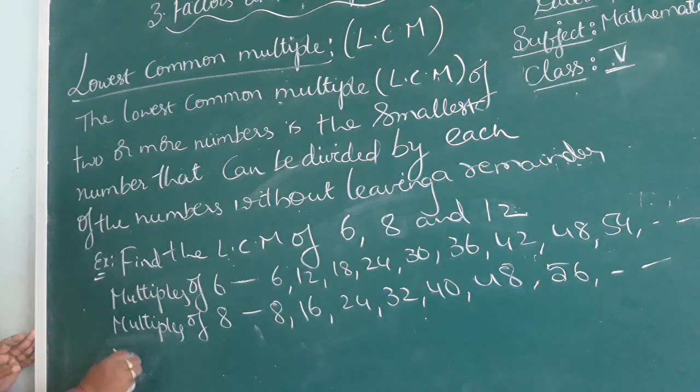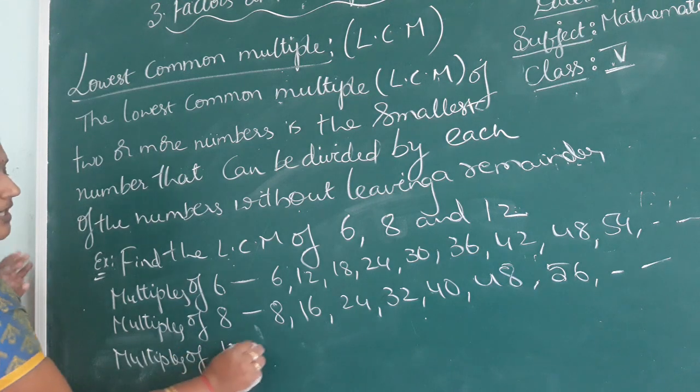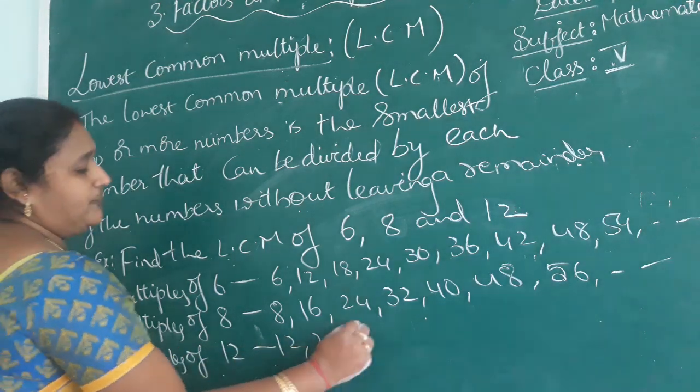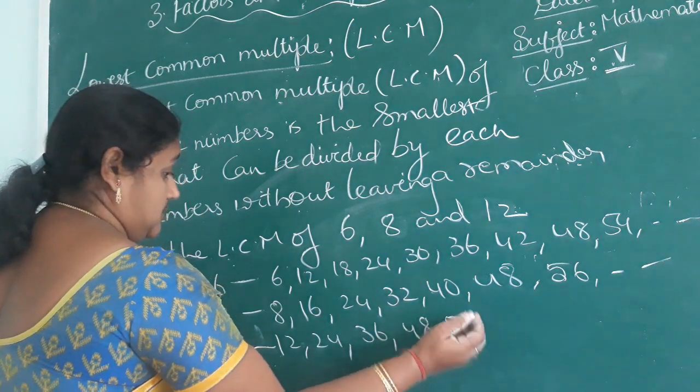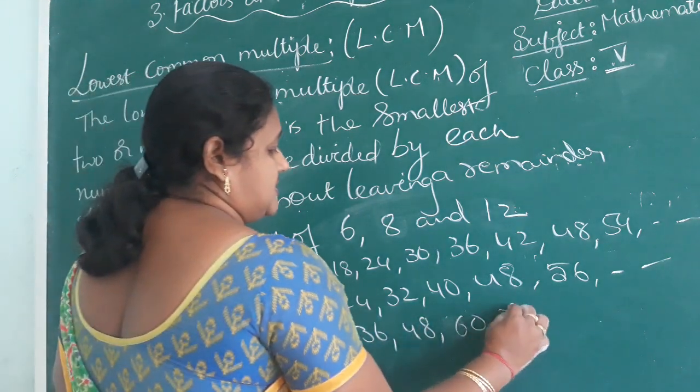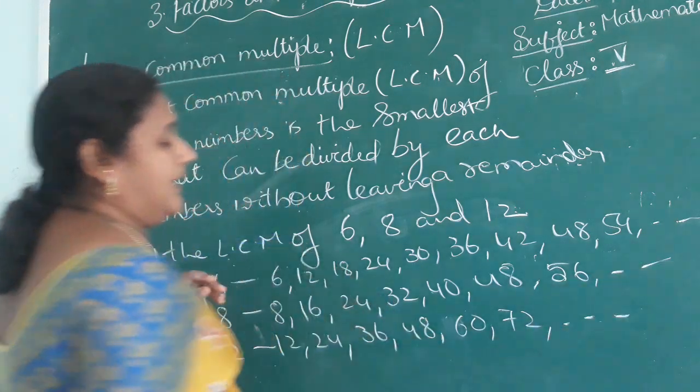Next, multiples of 12: 12, 24, 36, 48, 60, 72, like that.